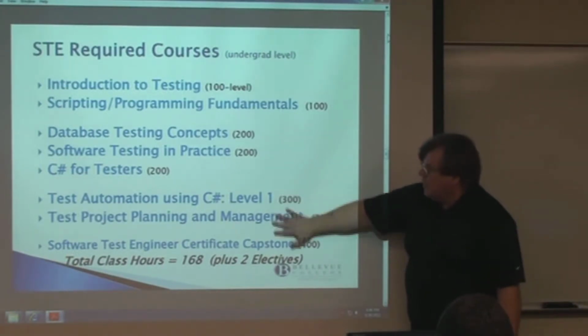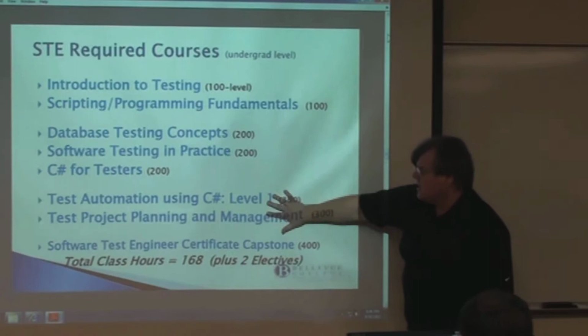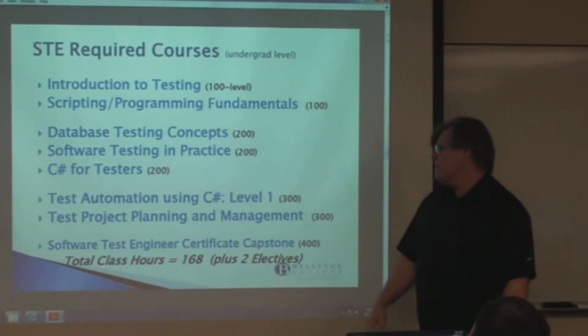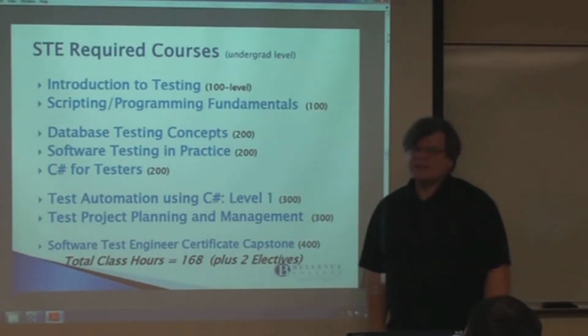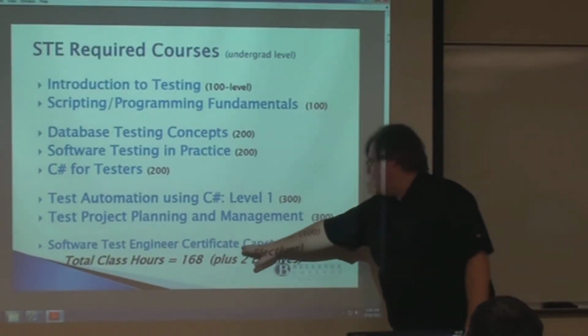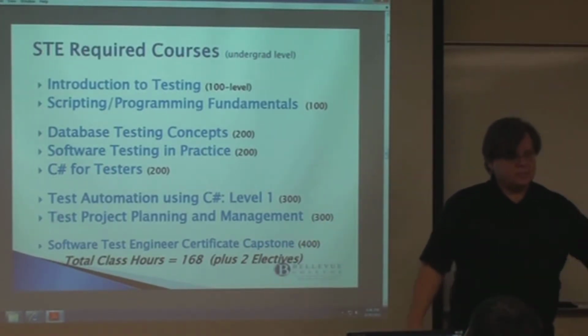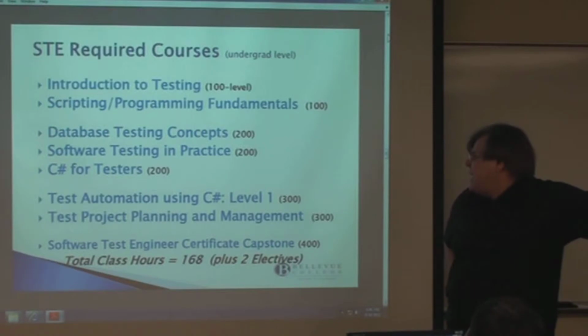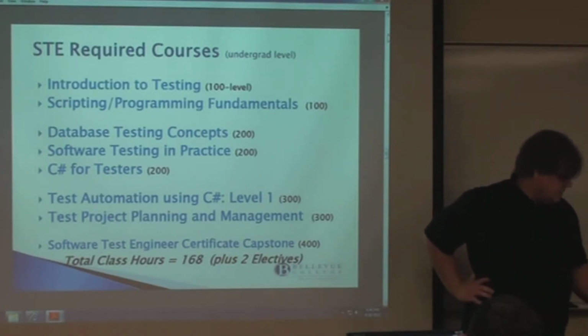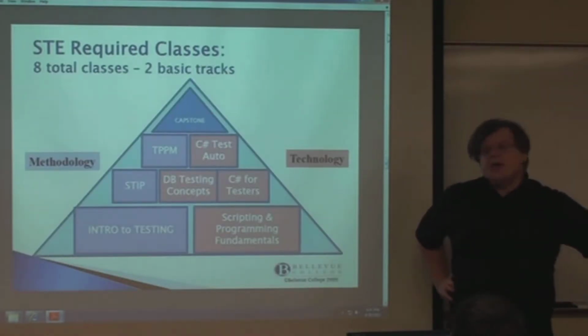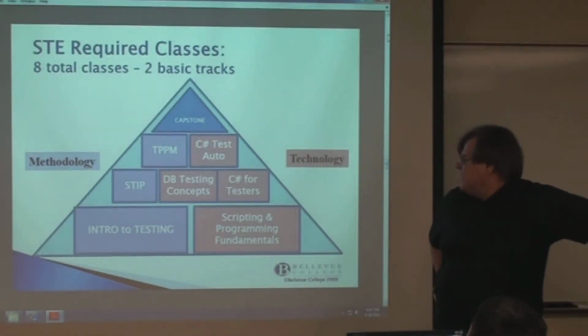Once you've got these skills, then we move into test automation, test project planning, and then ultimately a capstone project. If I count right, it's 1, 2, 3, 4, 5, 6, 7, 8 classes, capstone being the 8th. I've put them in a pyramid that looks like this.